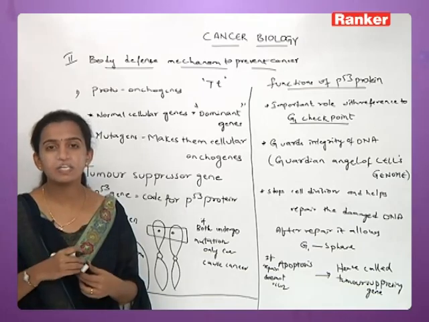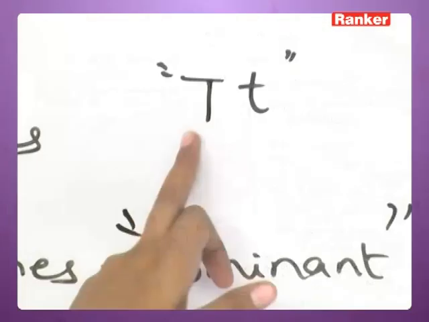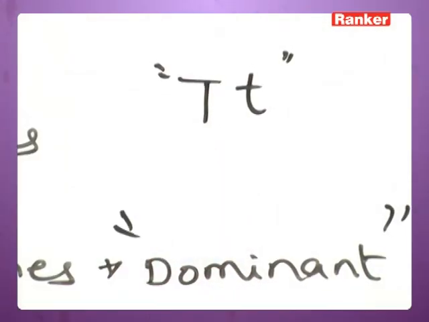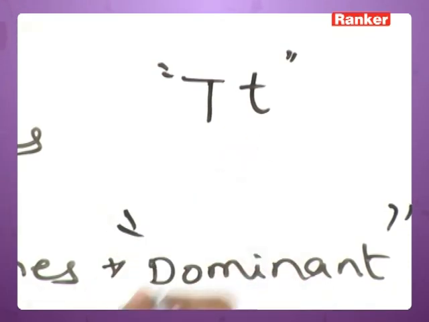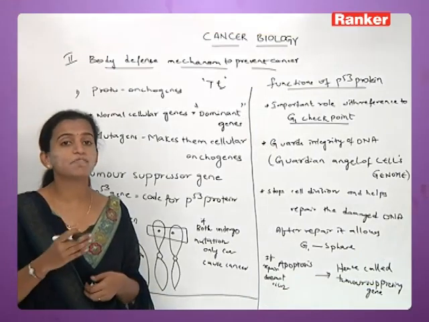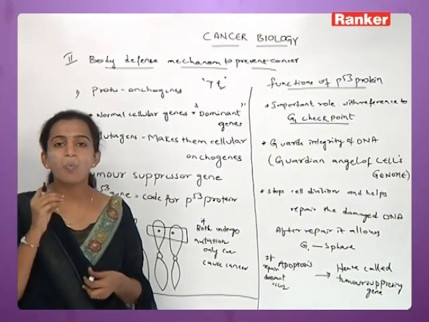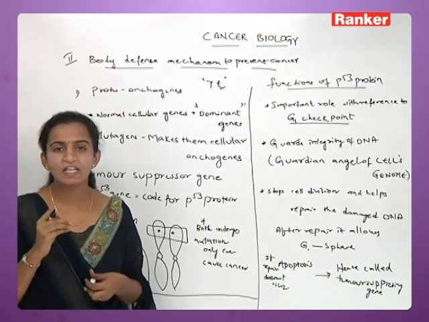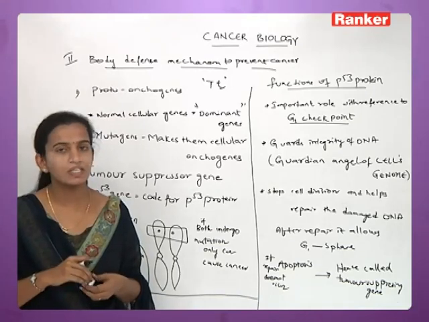What comes for expression is tall. Even though a dwarf character, which is recessive, is present, it won't come for expression. Why? Because one dominant gene is enough to change the complete gene expression.